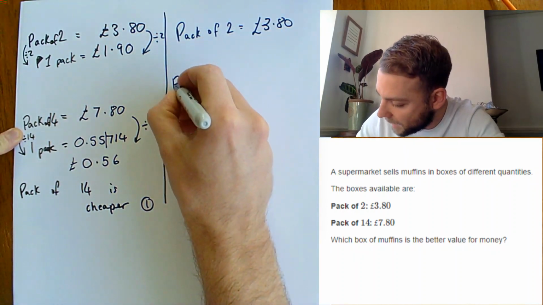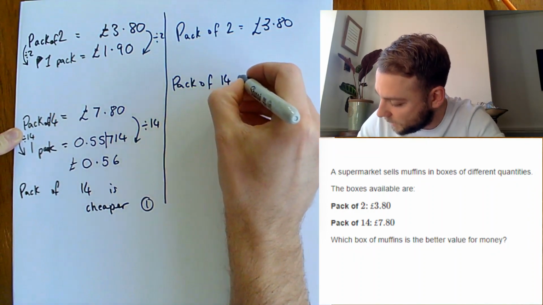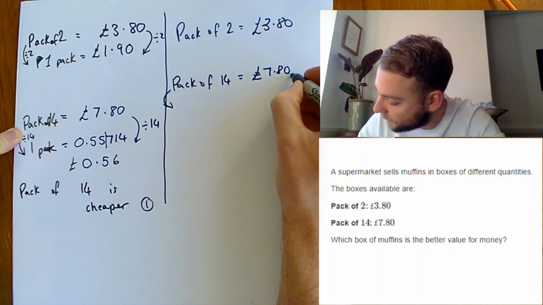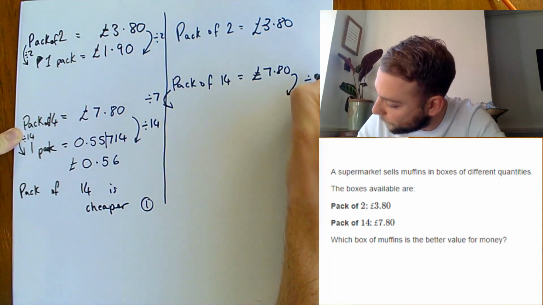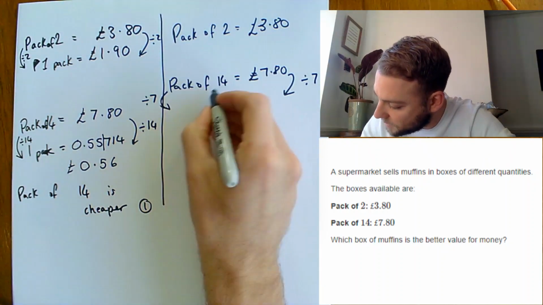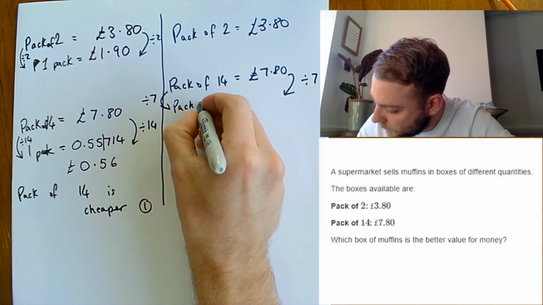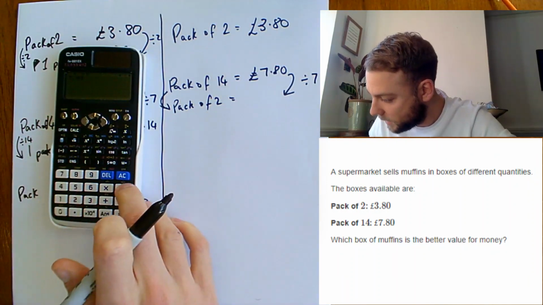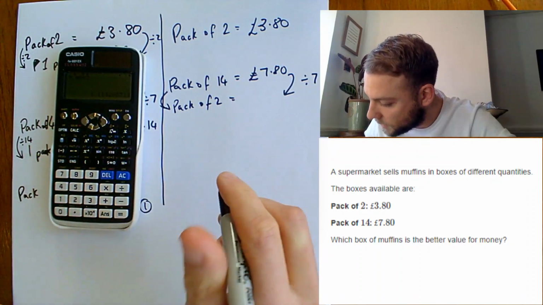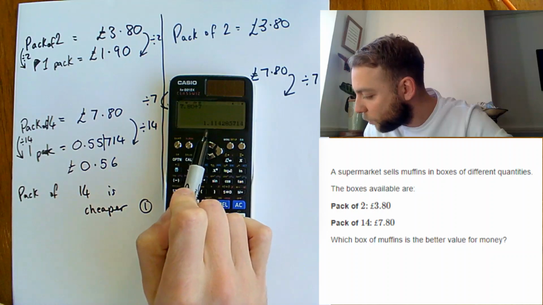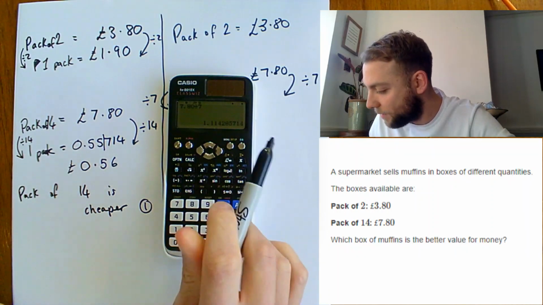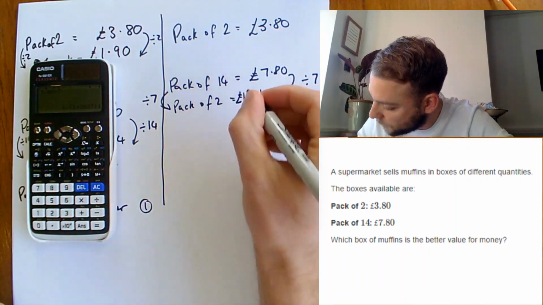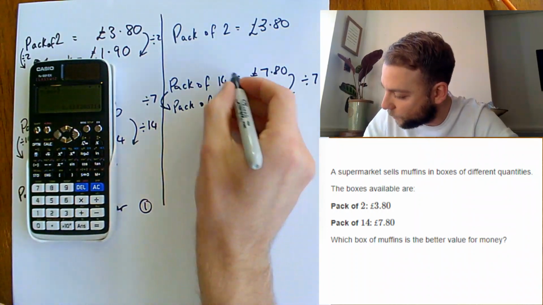And if I've got a pack of 14, which is equal to £7.80, to find a pack of 2, I can divide this by 7. £7.80 divided by 7 is equal to 1.11428. So round that, it's going to be equal to £1.11. So again, you're showing there that the pack of 14 is cheaper.